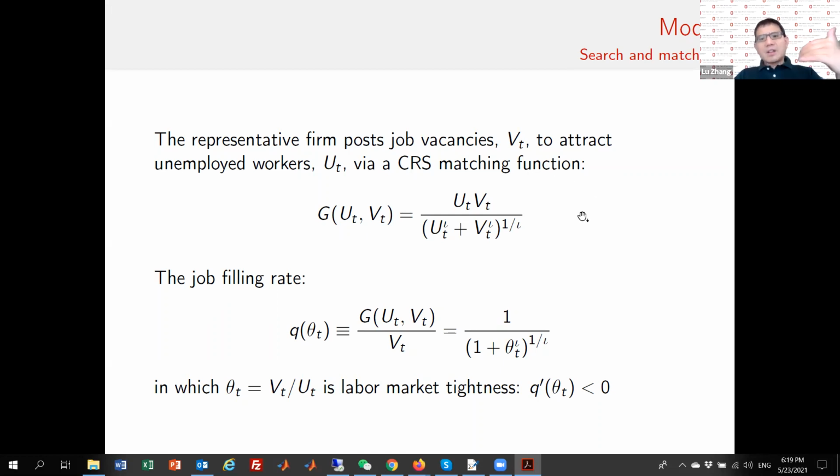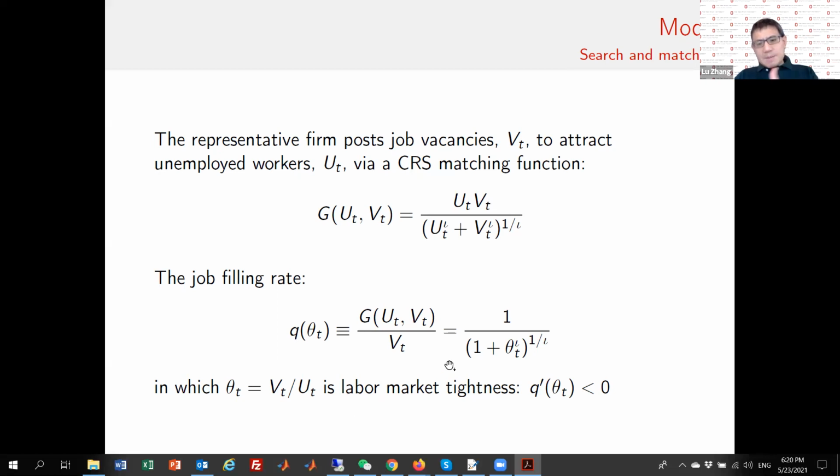The Den Haan et al. matching function specification is fairly convenient because it implies the job filling rate and the job finding rate are both naturally between 0 and 1. For example, the job filling rate is the fraction of new hires divided by the total number of vacancies, in which theta is labor market tightness, vacancy divided by the number of unemployed workers.